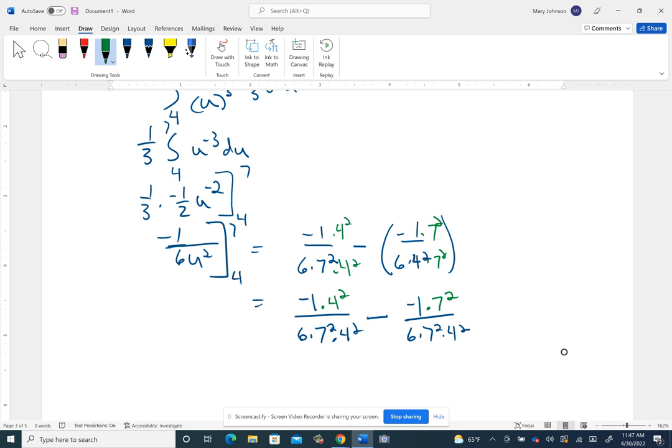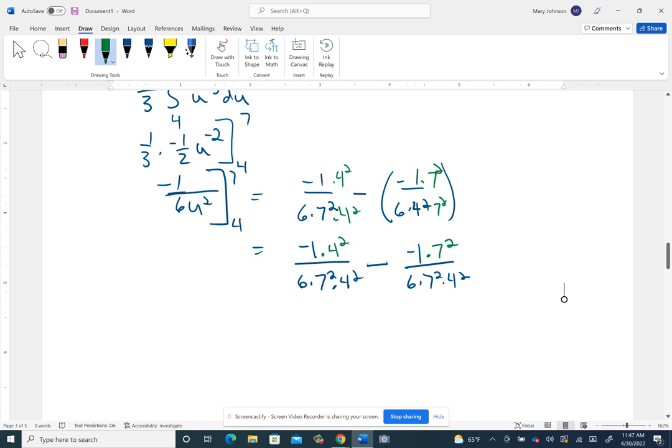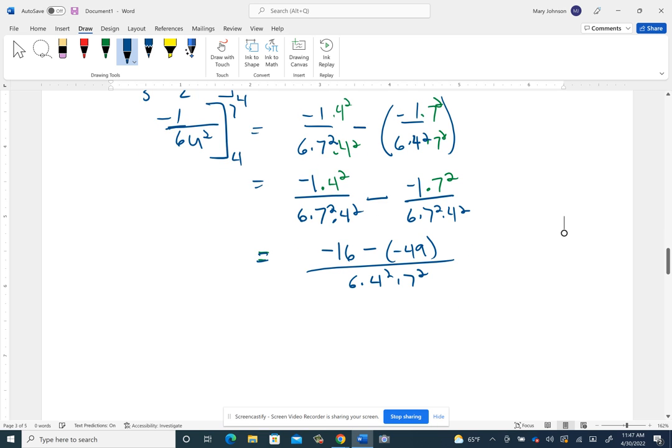Okay. And I wound up then getting on this, I left the denominator in factored form like that for a minute, but I just worked out the numerator. So this would be -16 minus -49 all over that denominator. And then I worked it out. So that numerator became 33 over this denominator.